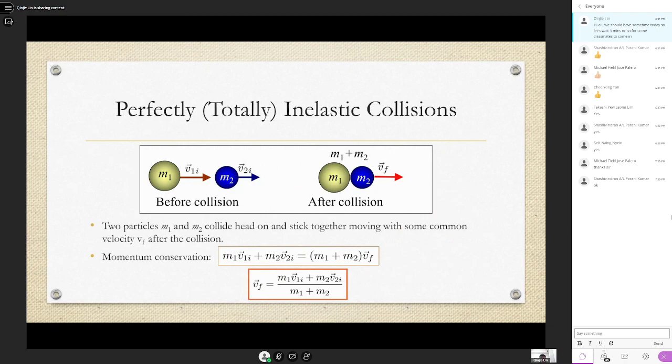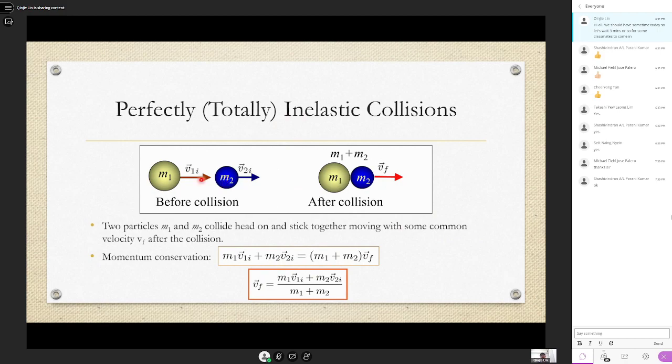Now we come to inelastic collision. Remember, in general, inelastic collision means momentum is conserved, but kinetic energy is not conserved. At the most extreme end of inelastic collision, we call it the perfectly inelastic collision. Before collision, they look like that.